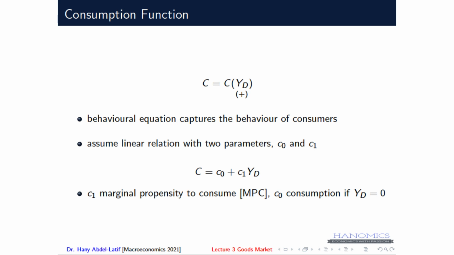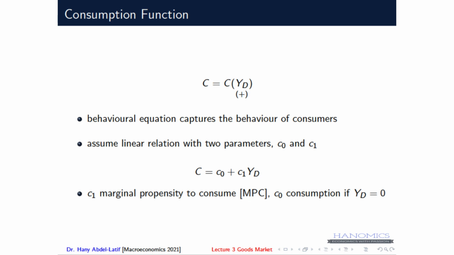So if the marginal propensity to consume equals 60%, 0.6, that means for every pound increase in your disposable income, 60p from that pound will go on consumption. That is what marginal propensity to consume refers to. And this parameter should equal a value somewhere between 0 and 1.